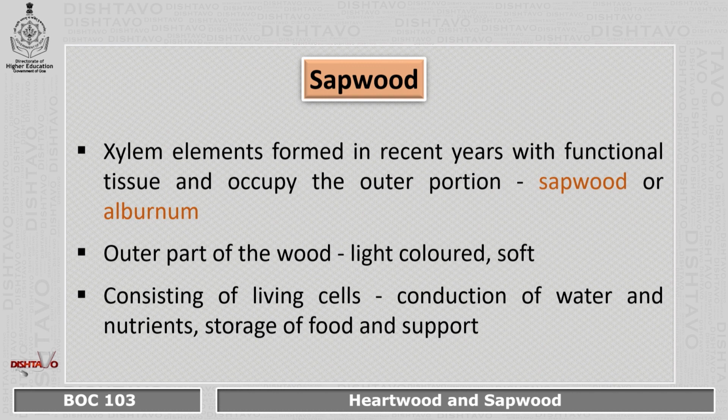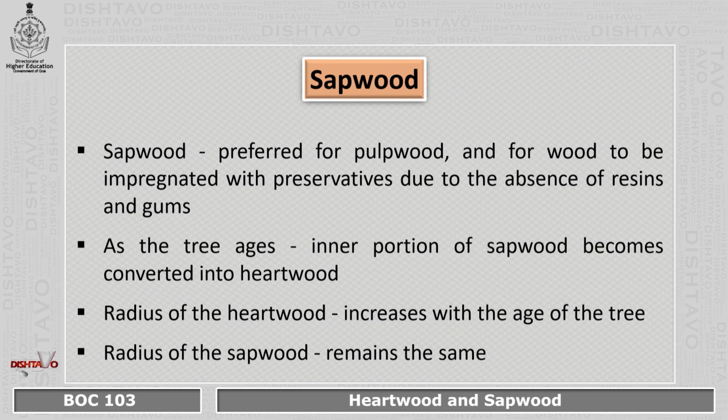Sapwood or alburnum forms the outer part of the wood, which is light-colored and soft, consisting of living cells which are involved in conduction of water and nutrients, storage of food, as well as providing support. Sapwood is preferred for pulpwood, for making wood pulp, for paper production, and for wood to be impregnated with preservatives due to the absence of resins and gums.